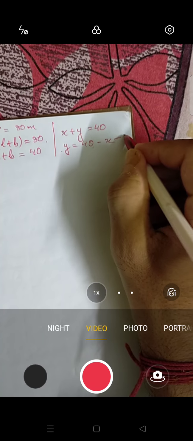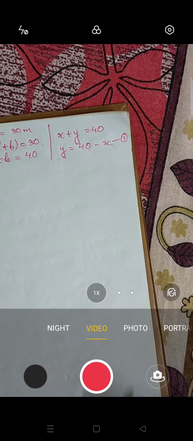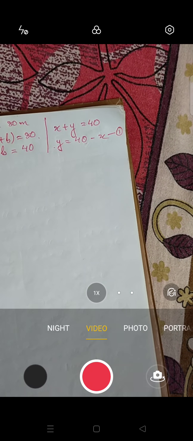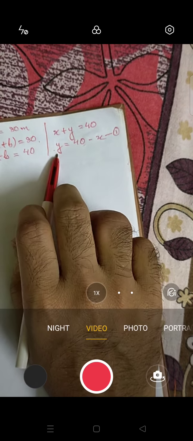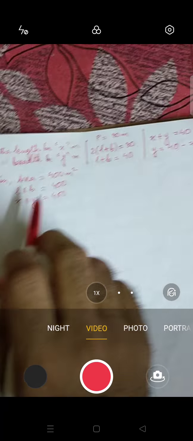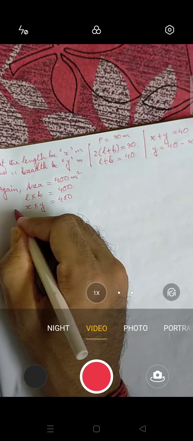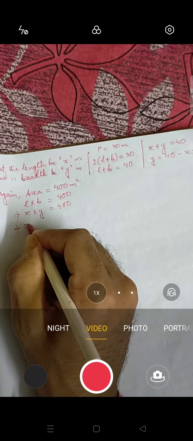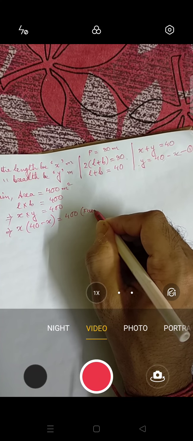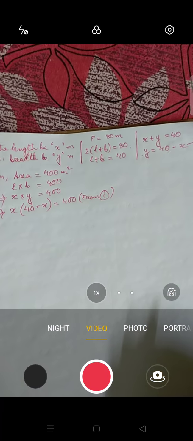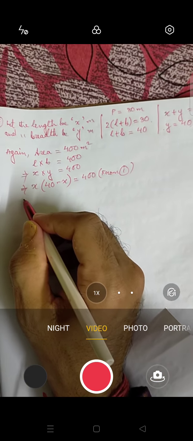Let us suppose that this is equation 1. Now you know that y is 40 minus x, so here we will substitute y. We can write x into (40 minus x) equals 400, from equation 1. Then we will solve this one.